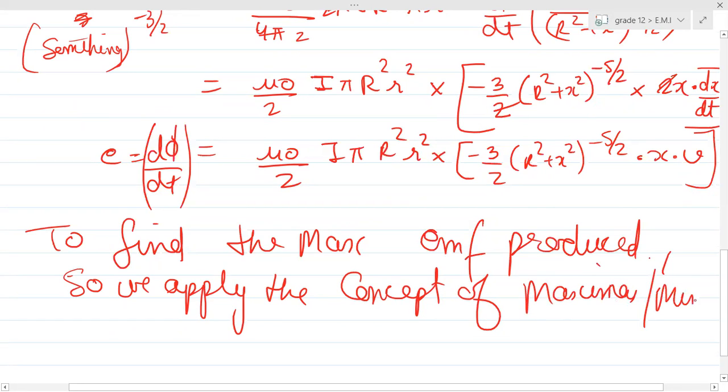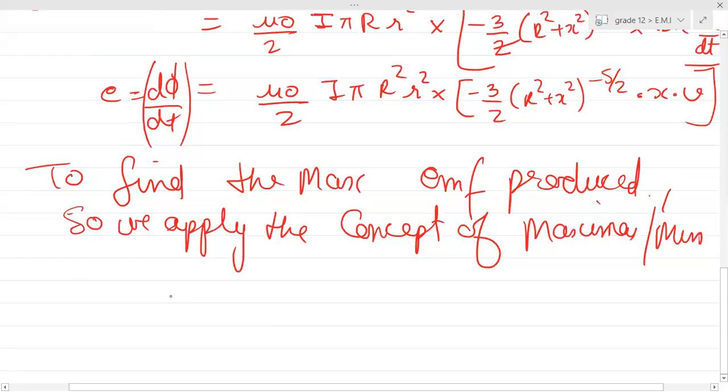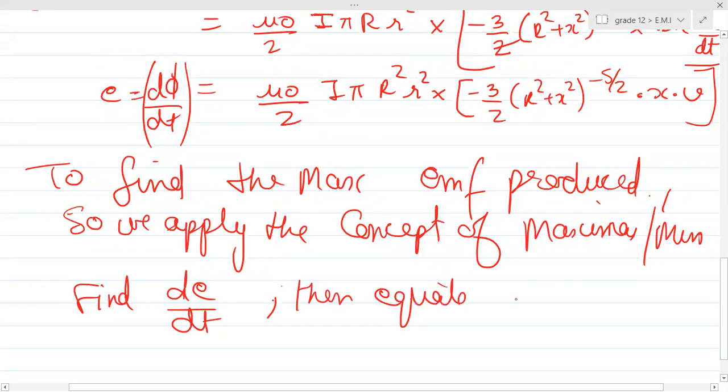Basically, you need to differentiate this again. When you differentiate this again, what to do now? You find dE by dt, then equate dE by dt equals to 0.